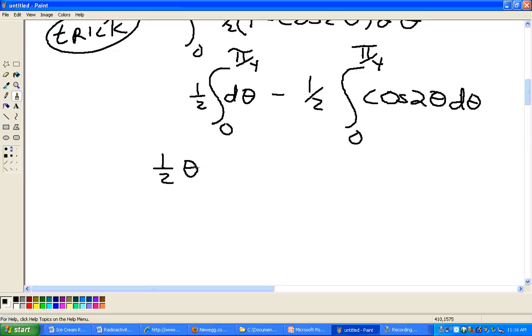When you integrate a cosine, you get a sine, but this is a cosine of 2 theta. That will integrate to the sine of 2 theta. Now you can either go back to doing this with the chain rule where you do a substitution, or you can see that that 2 becomes a 1/2 out there, so it cancels out. If it was a 3, you'd have to have a third. If it was a 4, you'd have to have a fourth.